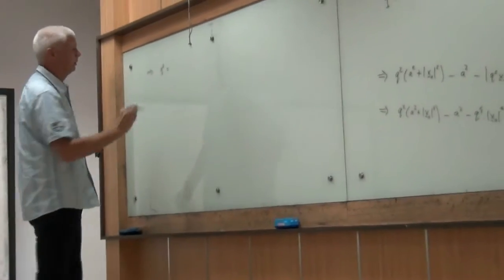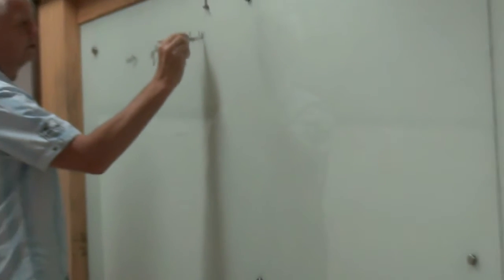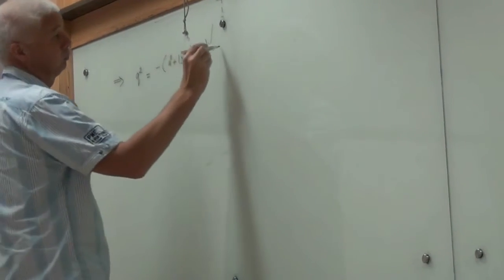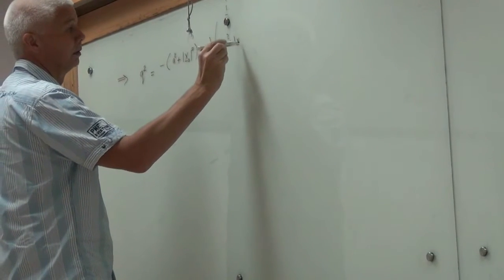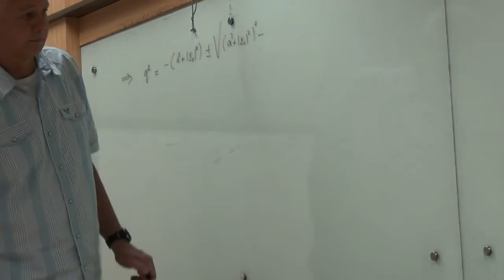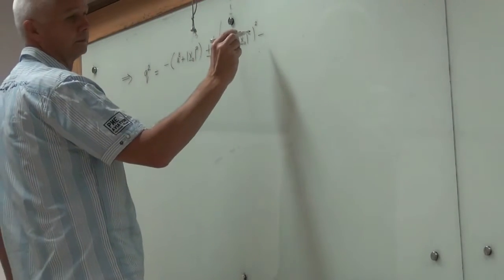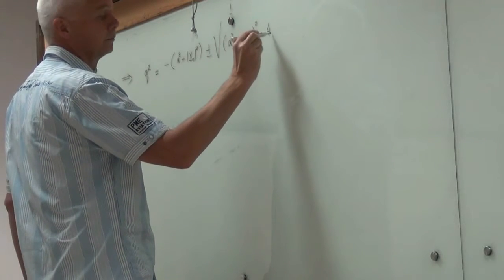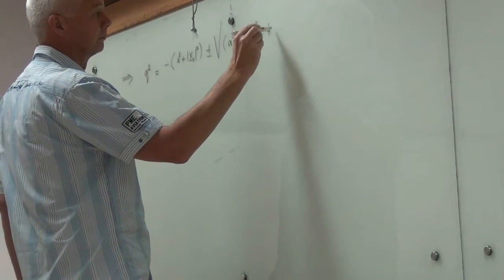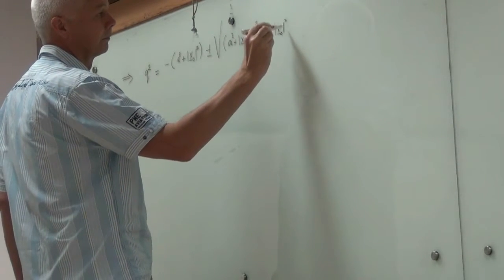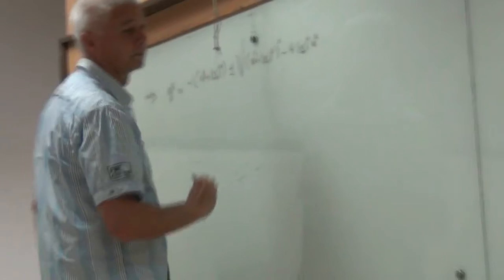Then it follows that q squared is equal to, well, minus a squared plus x0 squared plus or minus the square root of a squared minus 4 times a squared.